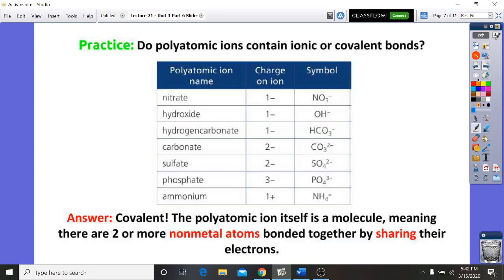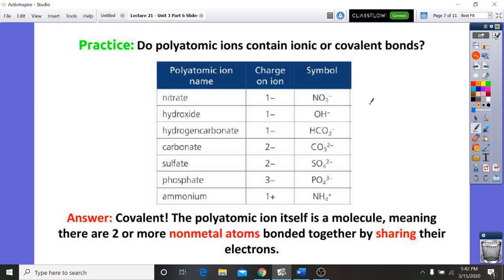That means the answer is both. The molecule itself is covalent. So the O bonds to the H with a covalent bond. Everything in here bonds covalently, either single, double, triple, or coordinate bonds. But any of these ions can bond to another ion ionically.